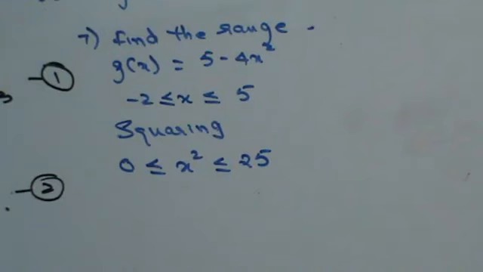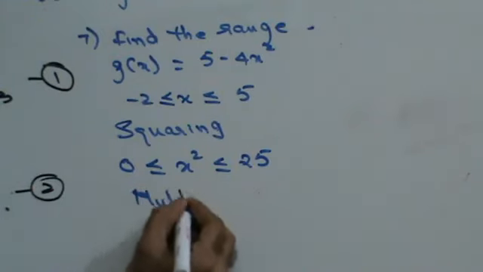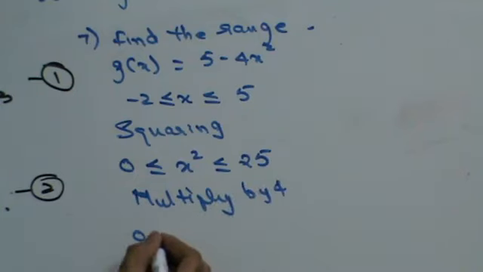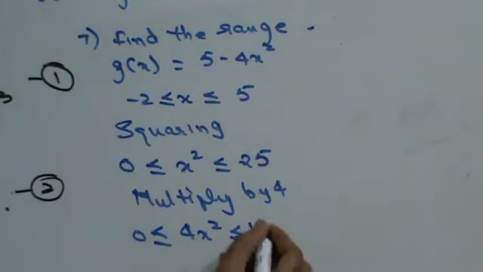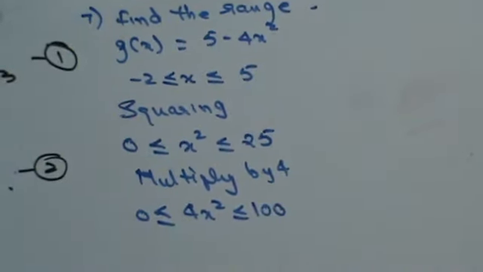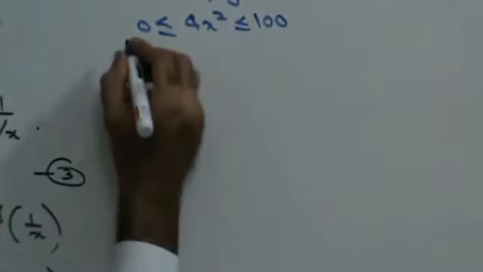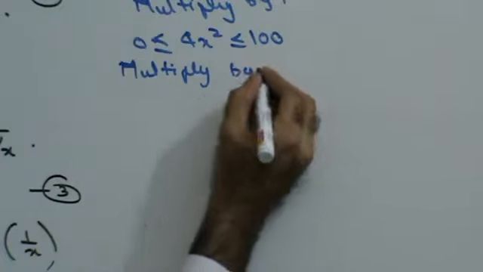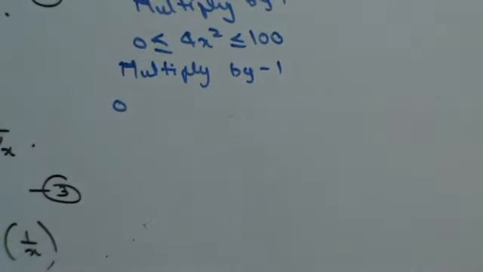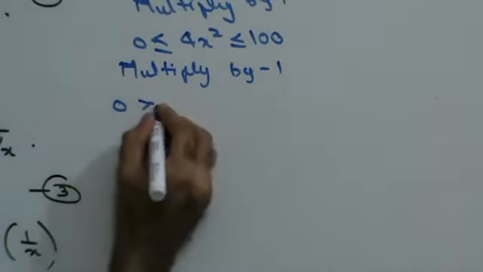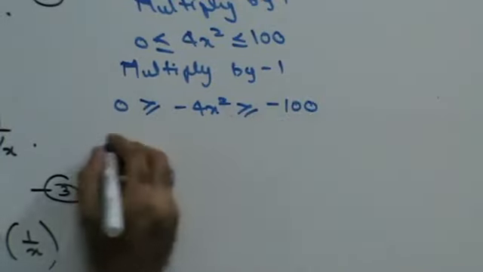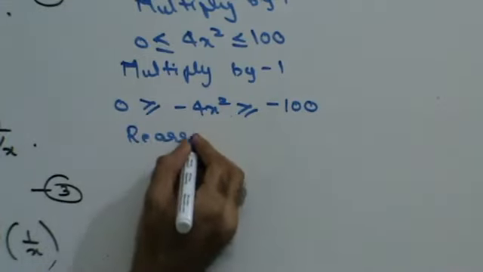I want 4x square. Multiply by 4. If I multiply by 4, 0 is less than 4x square is less than 100. I'm multiplying every term by 4. I want minus 4x square, multiplied by minus 1. When you multiply by minus, the inequality reverses. Minus 4x square is greater than minus 100. Rearrange.